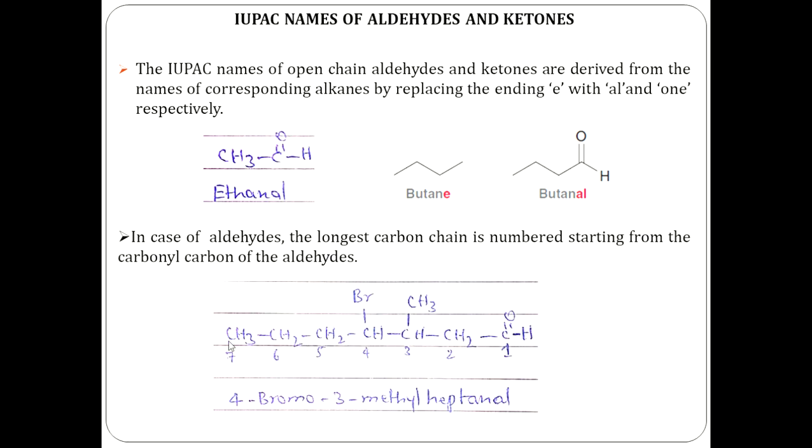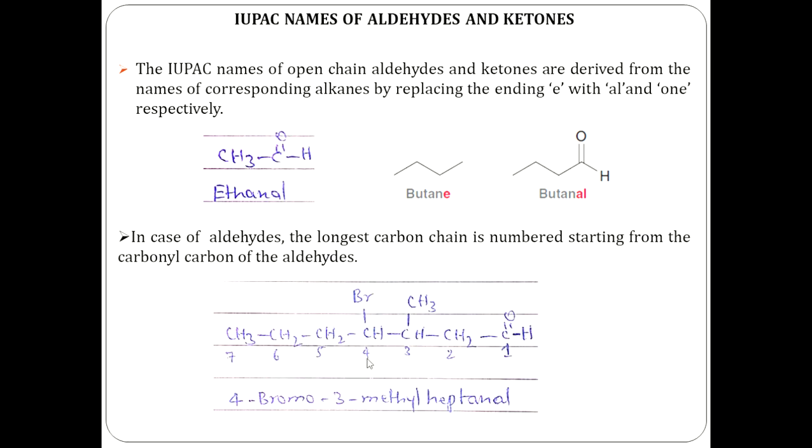This is the longest carbon chain organic compound. The numbering starts from the carbonyl carbon of the aldehyde, so this carbonyl carbon is numbered as 1. 1, 2, 3, 4, 5, 6, 7.